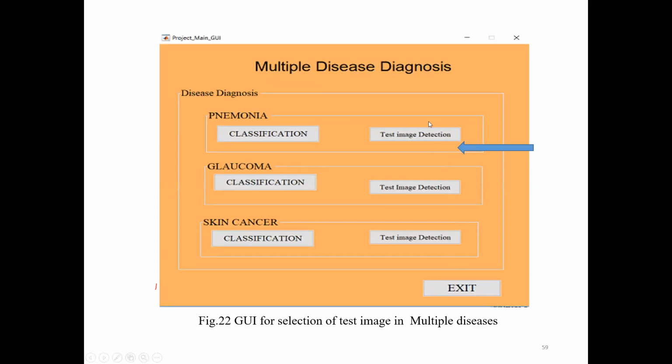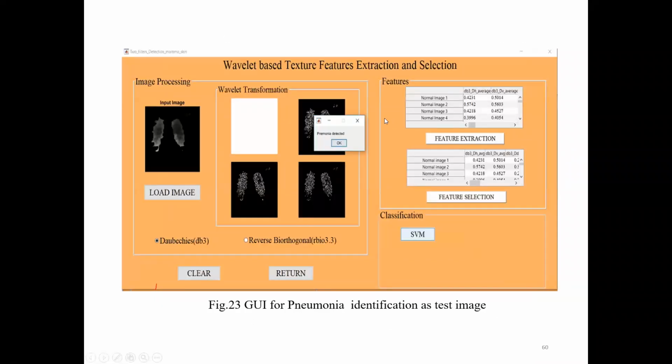And this is the GUI for selection of test images in multiple diseases, where wavelet based texture feature extraction and selection can be done. You have a button called load image, so we can load the input image. This is the chest X-ray image, and after performing the wavelet transformation, you may select the kind of wavelet also, the wavelet quotient.